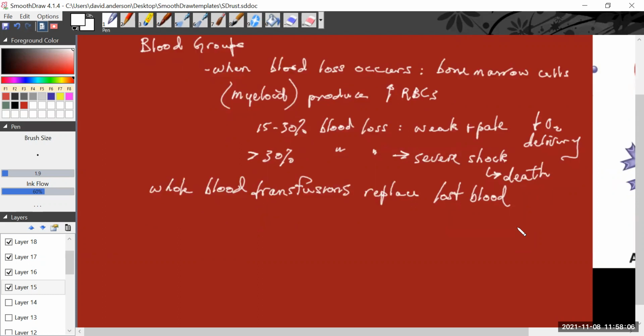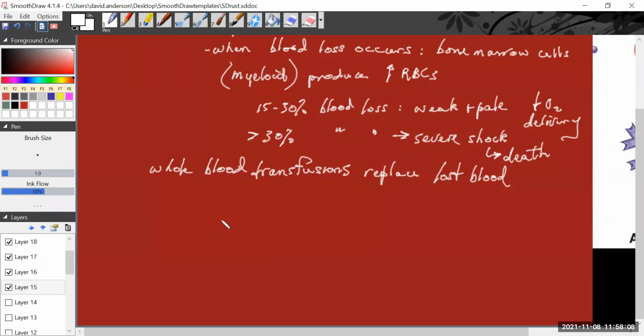So the key thing to recognize here is that when we look at a red blood cell, a red blood cell is an oval shape. We know that it doesn't have a nucleus. We know that it's full of hemoglobin. And the hemoglobin is binding oxygen so that it can carry through the system.